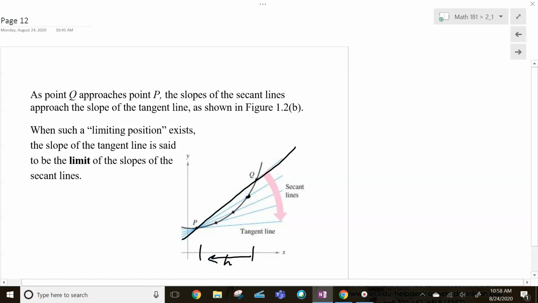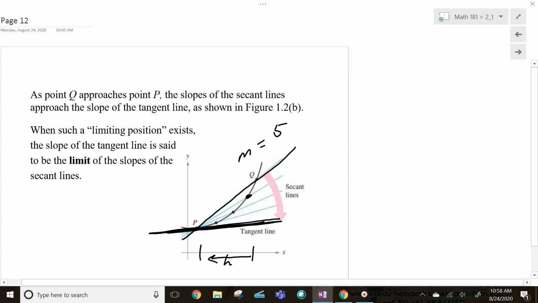Let's say this slope is, I don't know, 5, whatever it is. And I'm trying to figure out that tangent line. With pre-calc, I can only find the slope of the secant line. I can't find the slope of the tangent yet.